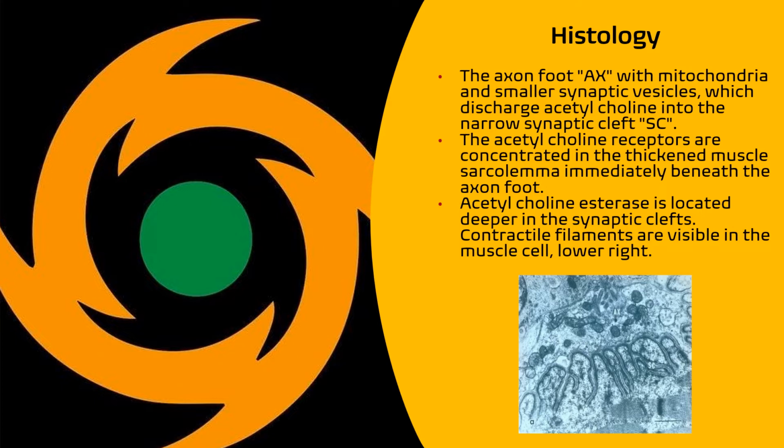And acetylcholinesterase is located deeper in the synaptic clefts, and contractile filaments are visible in the muscle cell, in the lower right region of this slide.